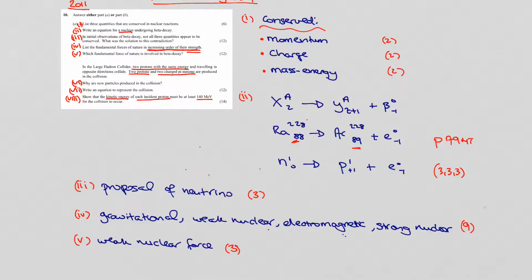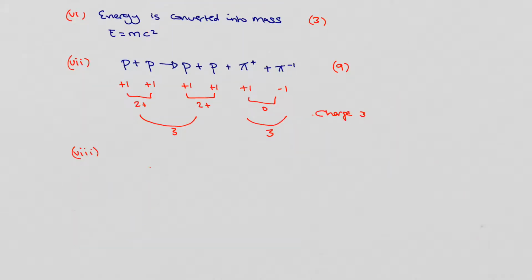So of course we have to make sure that we're looking at electron volts here in the question, and again we're looking at the energy of each incident proton. The keyword here is that it says at least. So at least implies that this is the minimum energy required to make the 2 pions.